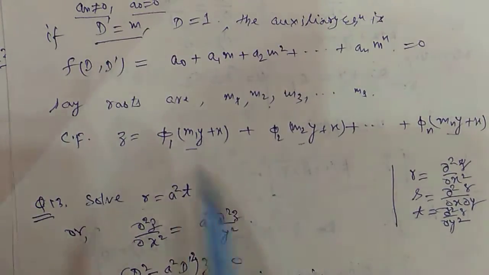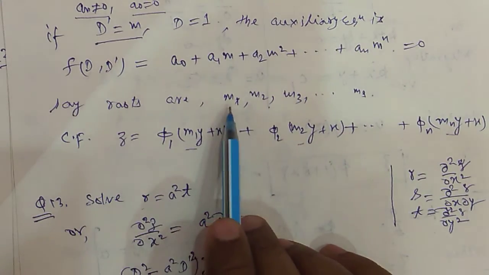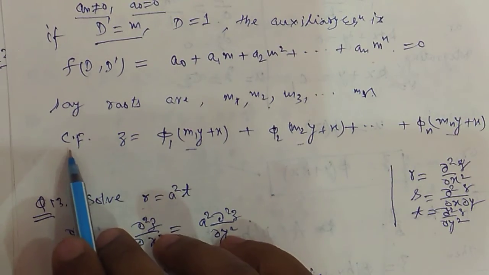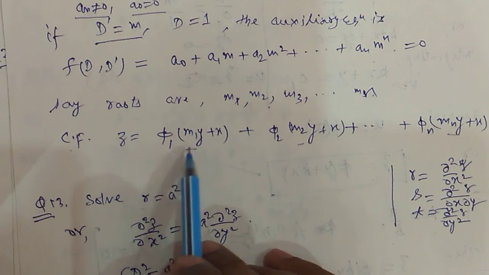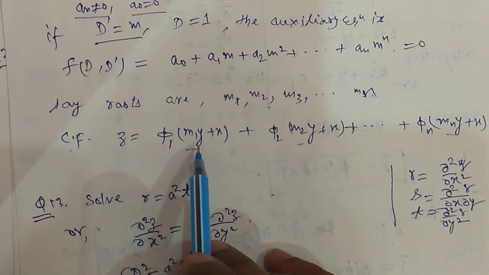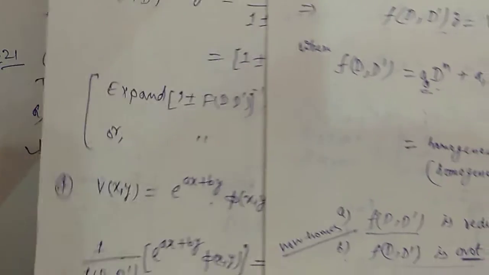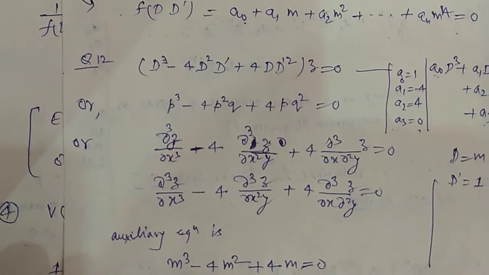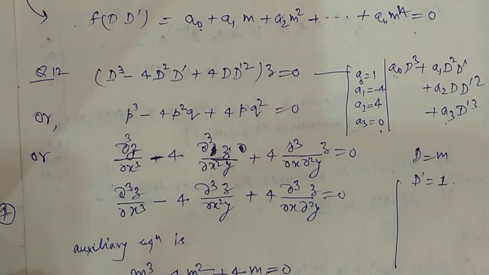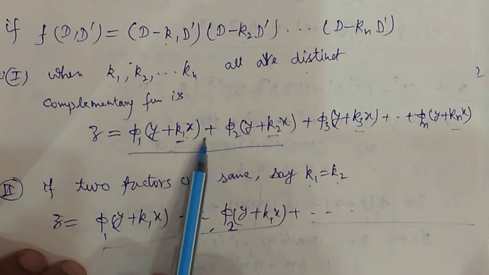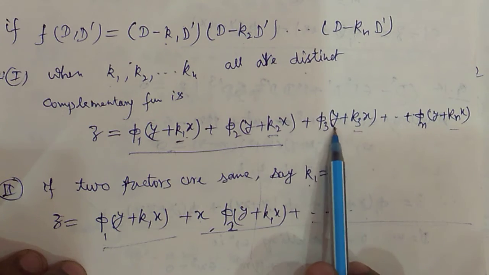Say the n roots are m1, m2, m3, up to mn, then the complementary function becomes phi 1 of (y plus m1 x), phi 2 of (y plus m2 x), phi 3, and so on.